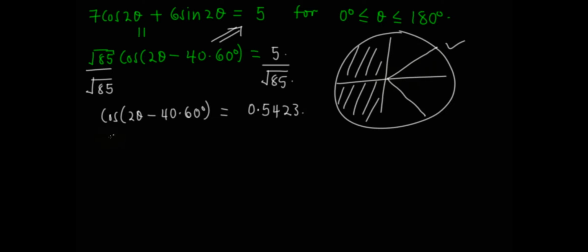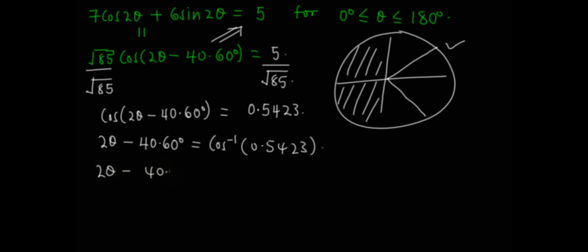So 2θ minus 40.60 degrees is equal to cos inverse of 0.5423, which is 57.16 degrees, and this is the angle in the first quadrant.